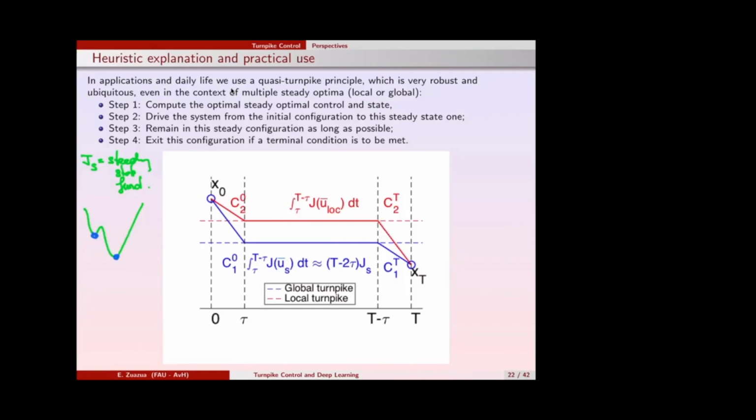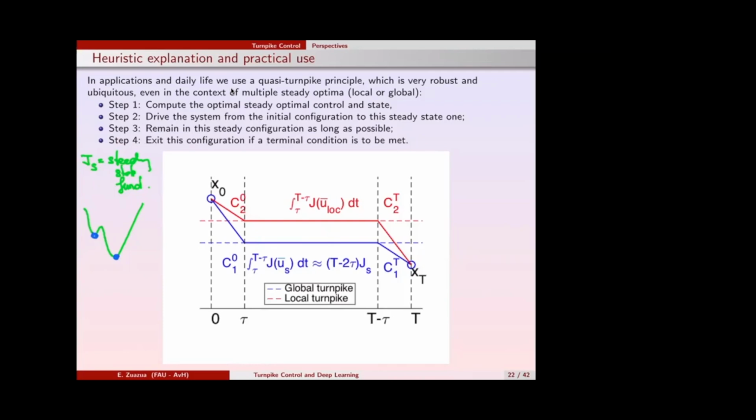So this is like there was a highway and nearby there was another road that was not as fast. Of course, if you take this one, you will pay a little bit more time, but still it will be fine to do it, right? So this is to say that even for problems that are not convex in the steady state context, you can still apply the Turnpike principle with any local minimizer and get trajectories that are doing nearly optimally, right?